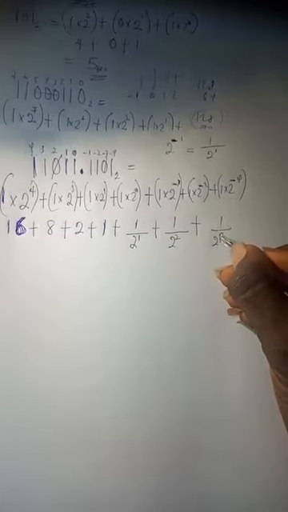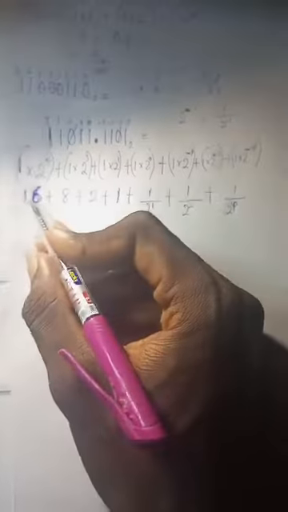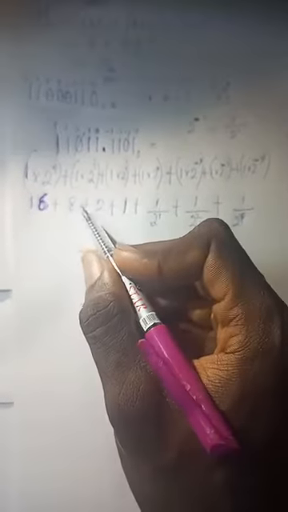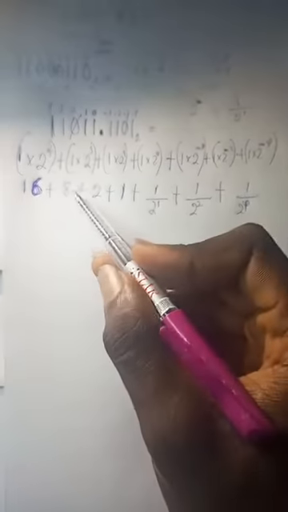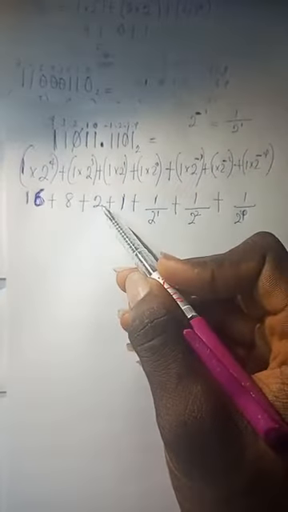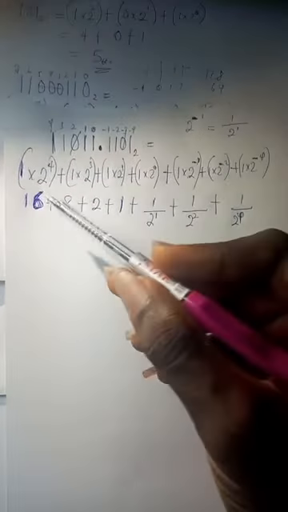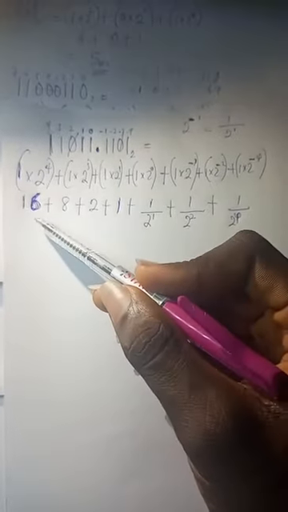By the time we sum this up together, 16 plus 8. To make it very fast, since you are not using a calculator, that will be 8 plus 2, 10 plus 1, that will give us 11. 11 plus 16, that is 27.